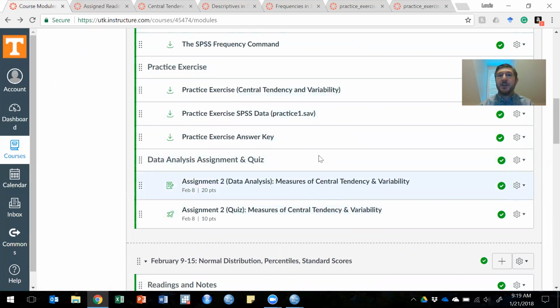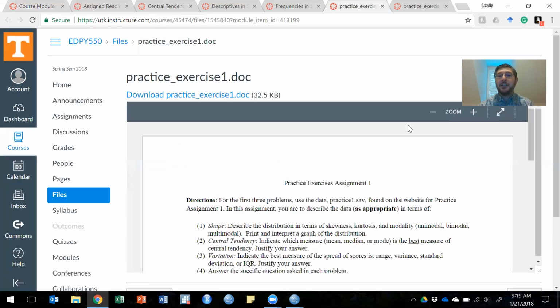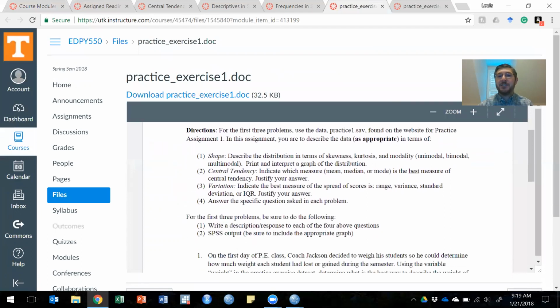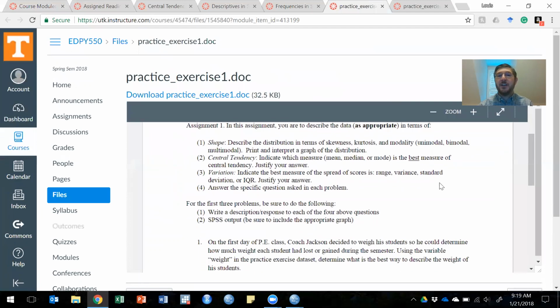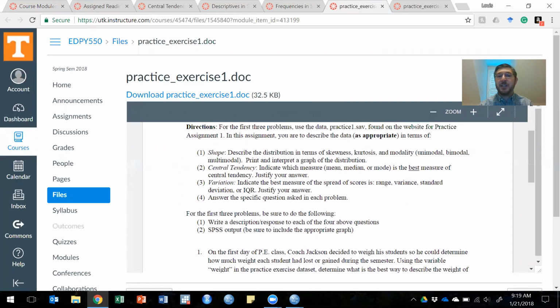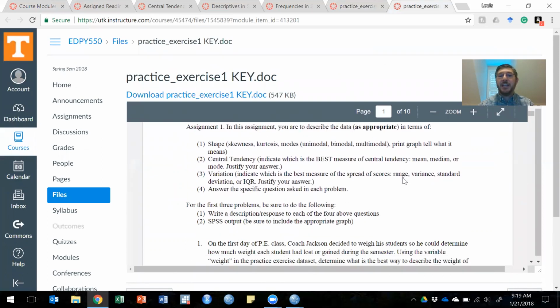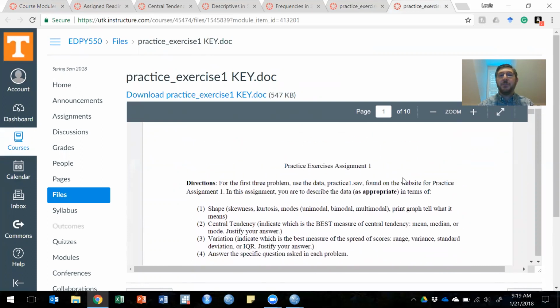And then I also have a practice exercise linked on here that's very similar to the data analysis assignment for this module. So you can see, if you look at the practice exercise here, what it's asking you to do is very similar to what will be asked in the assignment. And then there's also an answer key on here for the practice assignment.